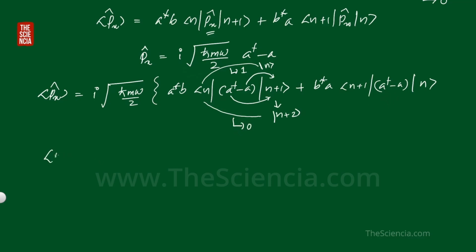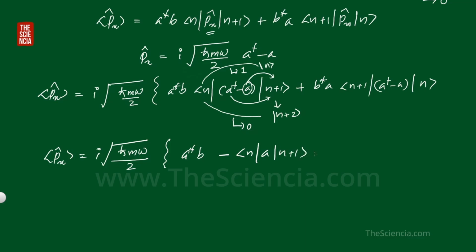So we will get Px cap is equal to i root of h cross m omega by 2 into A star B. Here this one will give the value, that is minus, into bra n A ket n plus 1, ket n plus 1, plus B star A. And here this is n plus 1, so when A dagger operates on this one, this becomes ket n plus 1, and that will give a value 1, that is bra n plus 1 A dagger ket n.